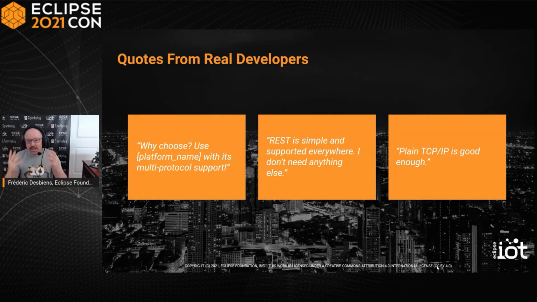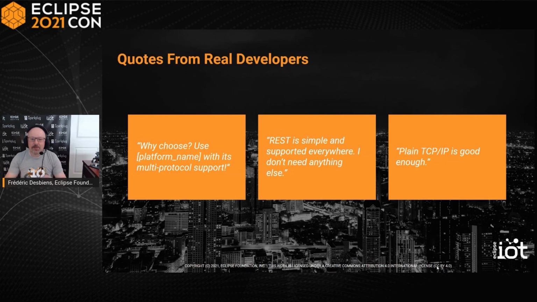And when I hear from developers about IoT, especially beginners in the space, they will often think that they don't need to learn about IoT-specific protocols and tools. Why? Because, for example, if they pick a platform, it supports multiple protocols, so they don't have to go deep on those protocols and tools.